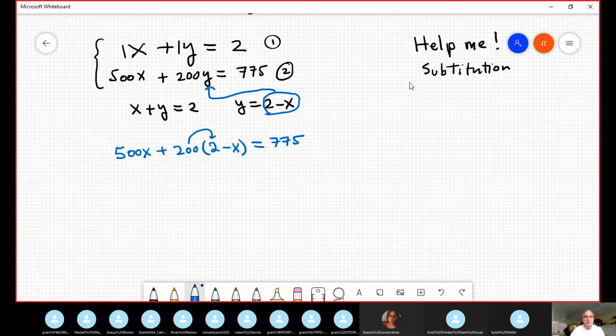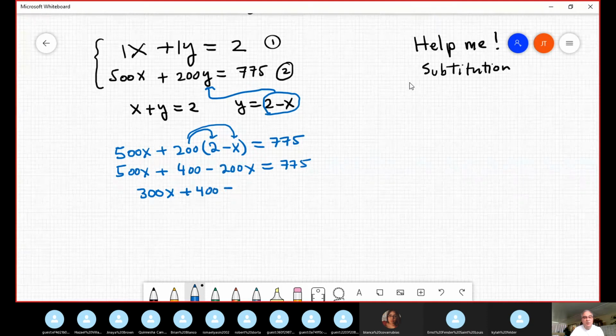Now distribute. 500x plus 400 minus 200x. Now we combine: 500x minus 200x is 300x, plus 400 is equal to 775.